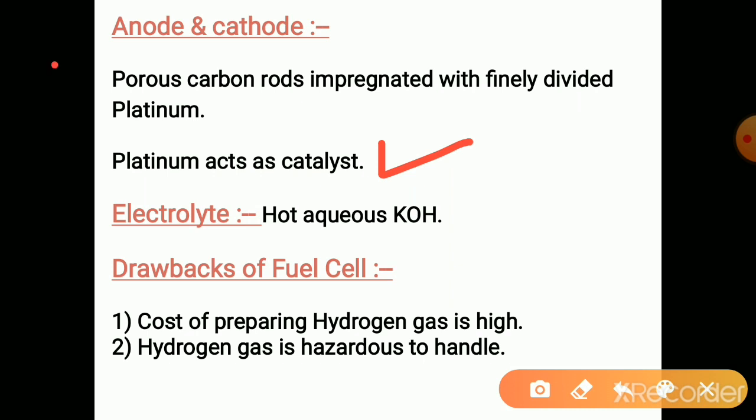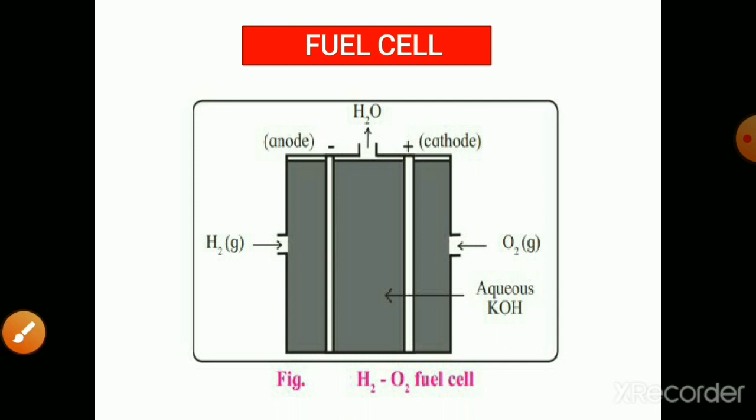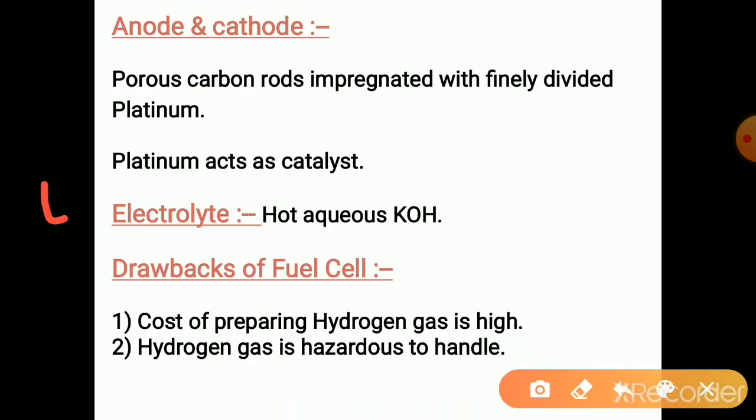So the anode and cathode are both made up of carbon rods impregnated with finely divided platinum. The electrolyte is hot aqueous KOH.